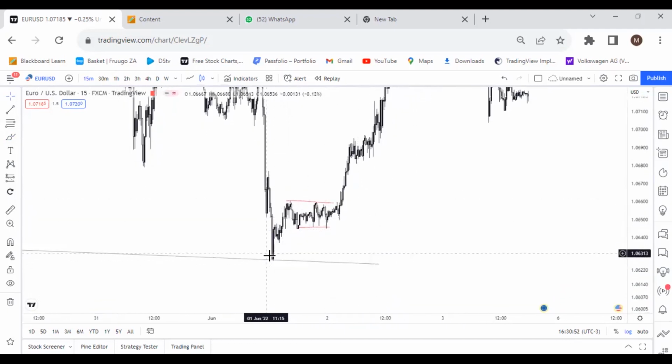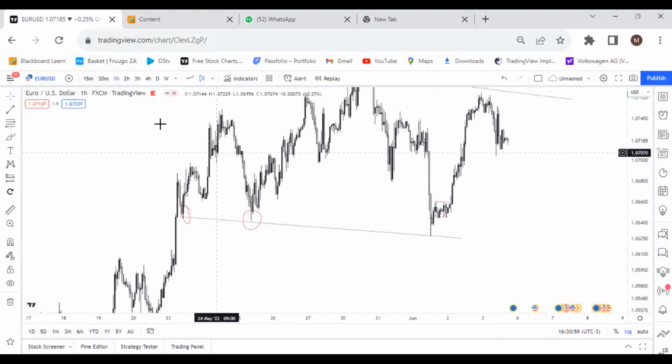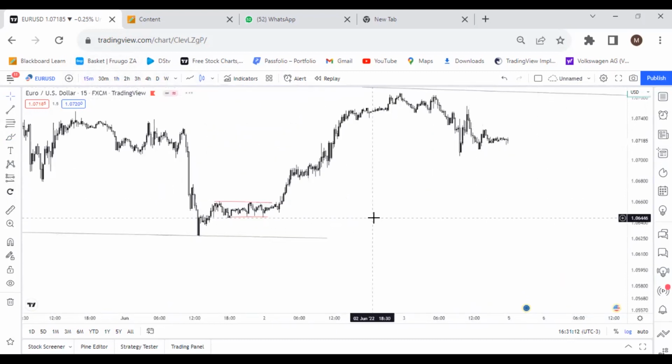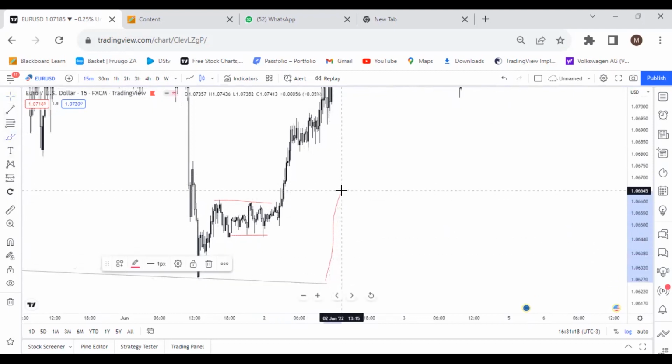So if you didn't want to take a risk entry in the 1 hour time frame, where you just entered before the price reversed all the way, you could have just waited for the price to form a correction. You wait for the impulse to complete, and the price will just start correcting.